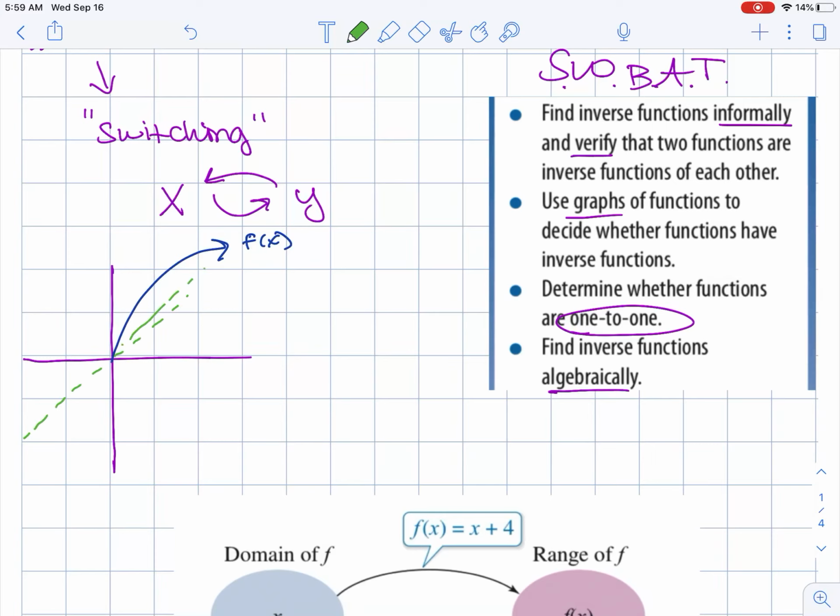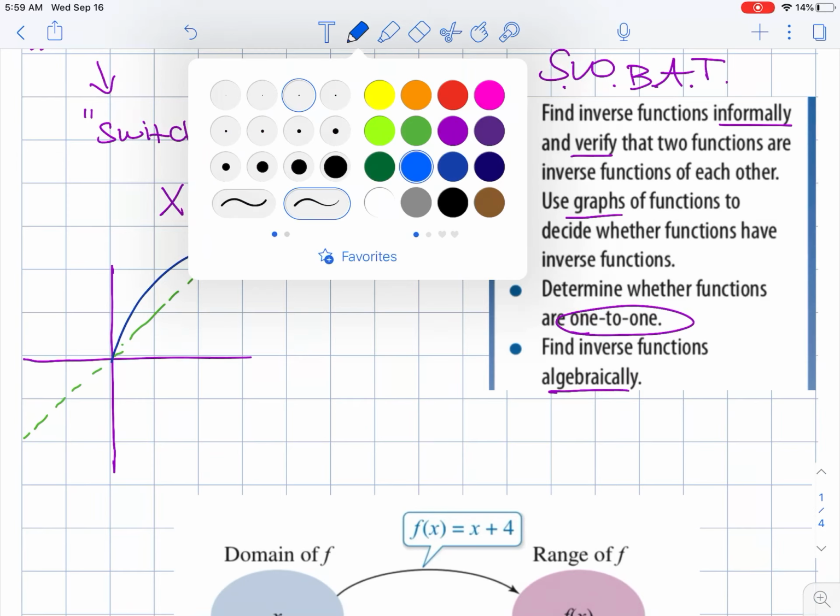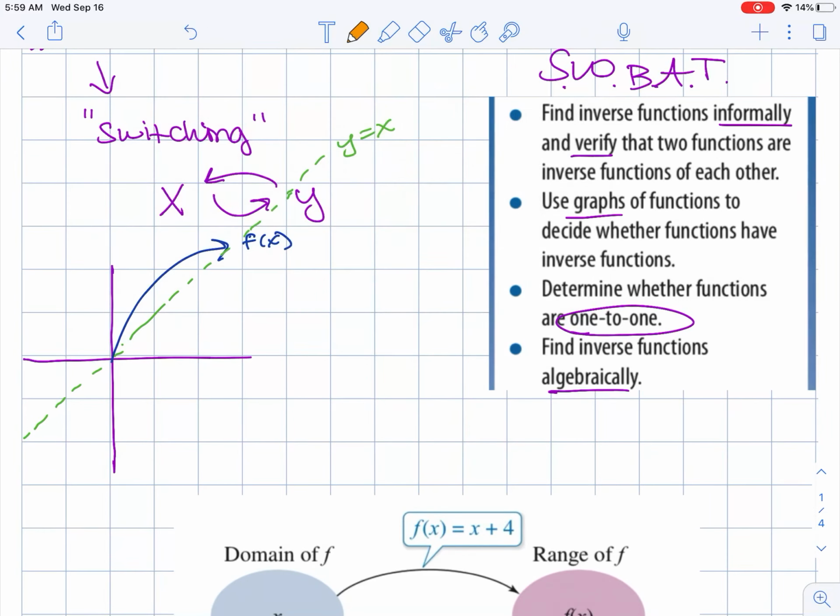So it's going to be reflected across the line y equals x. So inverses are reflected across the line y equals x. So it's going to look like this.